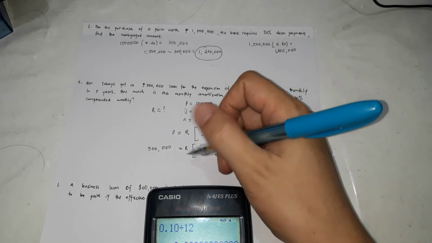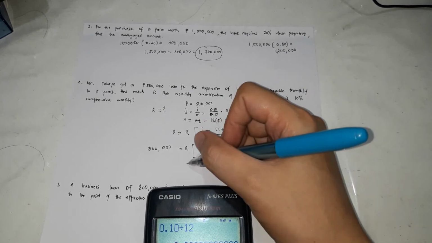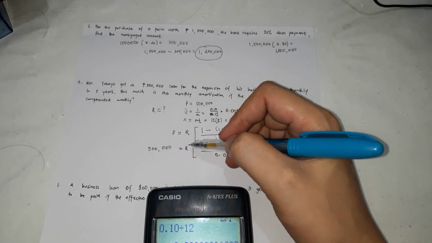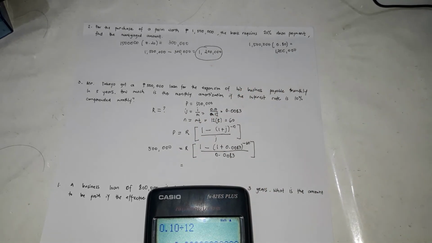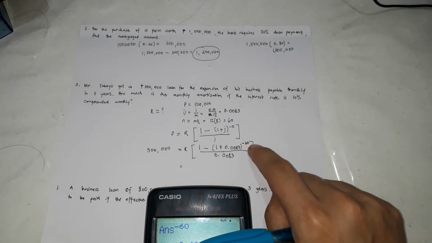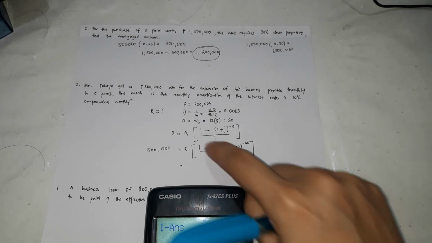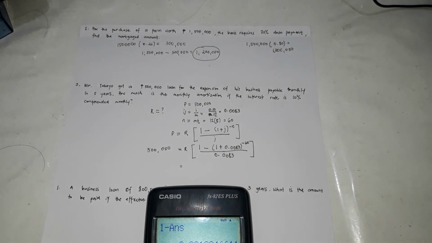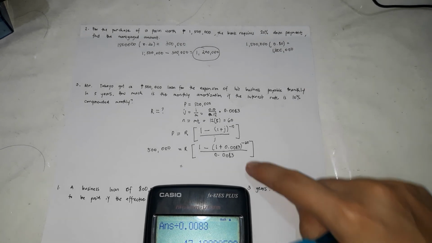We may solve the bracket first and then divide. So first, 1 plus 0.0083 inside the parentheses, raised to the power of negative 60, then 1 minus that answer, divided by 0.0083.